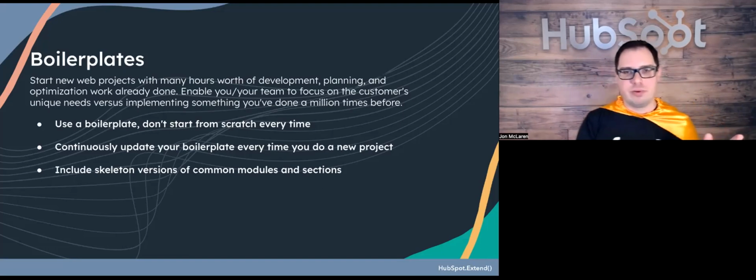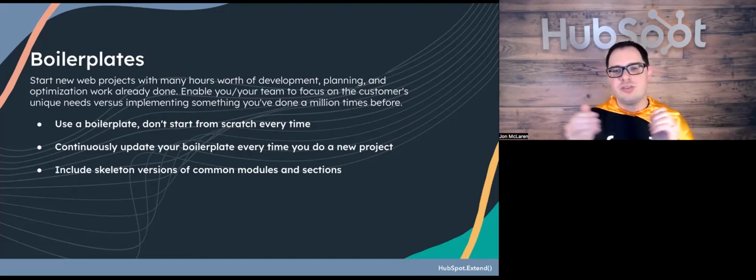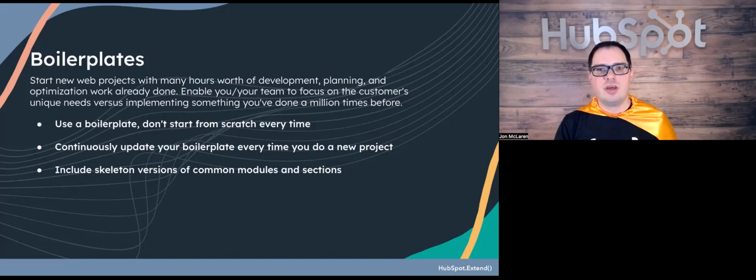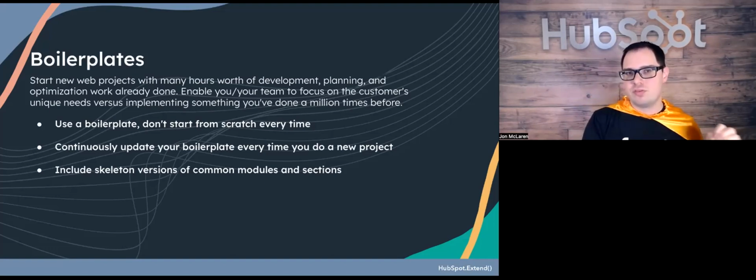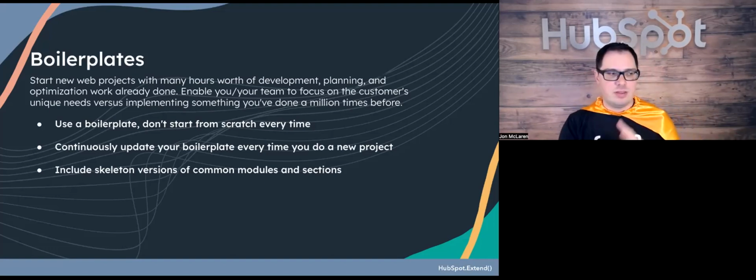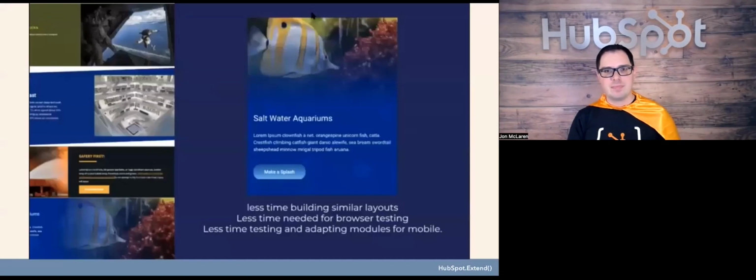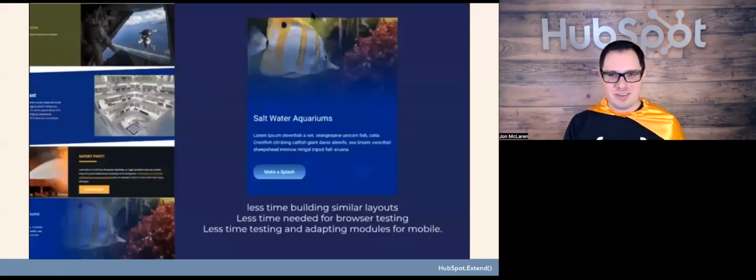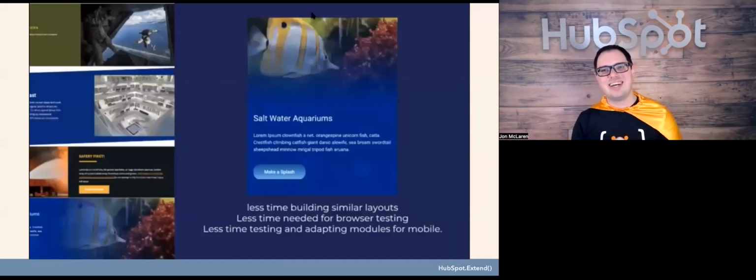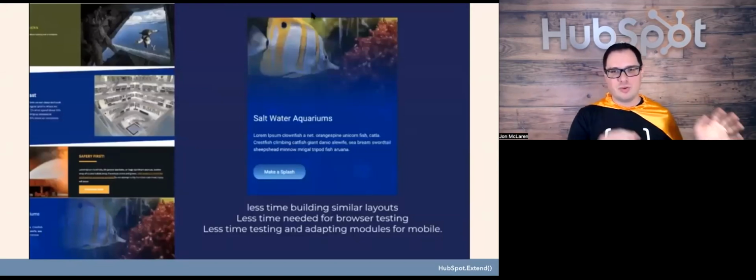Incorporate into your boilerplate skeleton versions of modules and sections that you tend to create for most of your customers. And this idea isn't new either. I actually gave a talk on this back in 2018. I'm going to show a couple of my old slides. The idea is you want to incorporate skeleton versions of modules and sections.